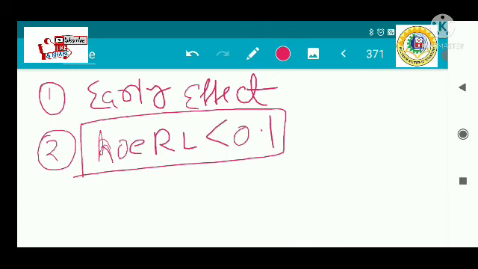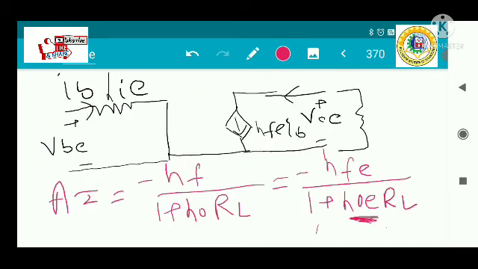If this condition is satisfied or written in the question, then you can ignore this, because 1 plus 0.1 is 10 times lower, so you can actually ignore this term.